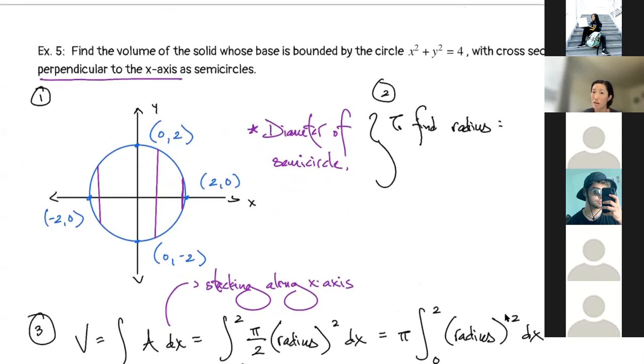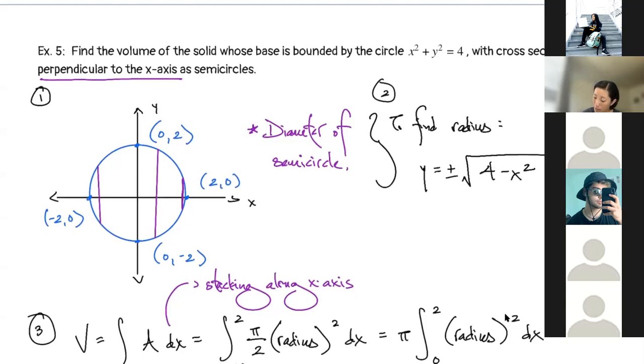I agree that we're going to solve for y, but let's see what we get when we solve for y. Yeah, we get y equals the plus or minus square root of 4 minus x squared.